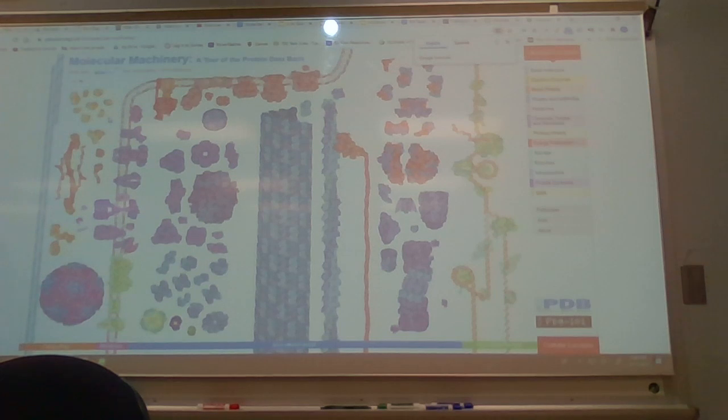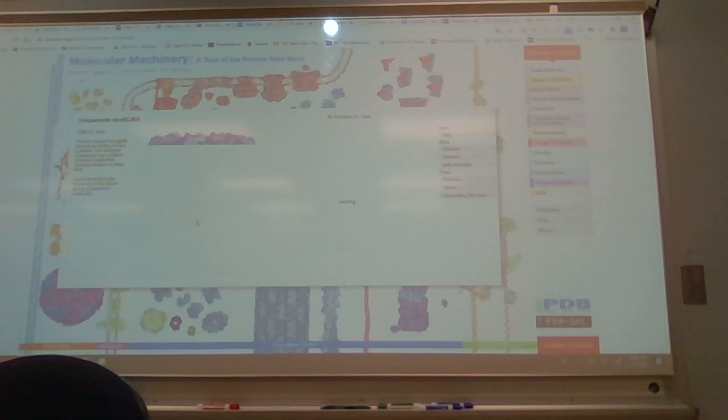So there's a table here in your notebook of different protein names. There's a picture next to their structure, what they look like. What you'll have to do is find those proteins, and I'm just going to pick a random protein here, but when you click on it, and this is running a little slow, but it should load a couple representations of the protein, but it should also tell you on the left-hand side what its function is.